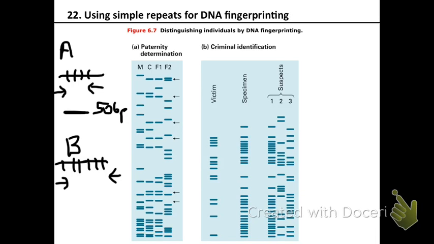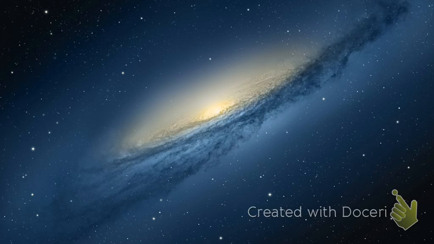Because this region has a higher number of repeats, you're going to get, let's say, a 100 base pair product. So when you run all of these PCR products in a gel, you're going to get fragments of different sizes.